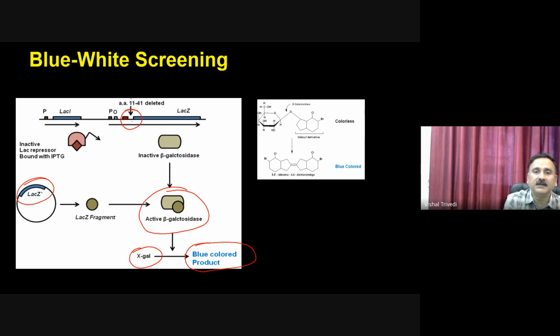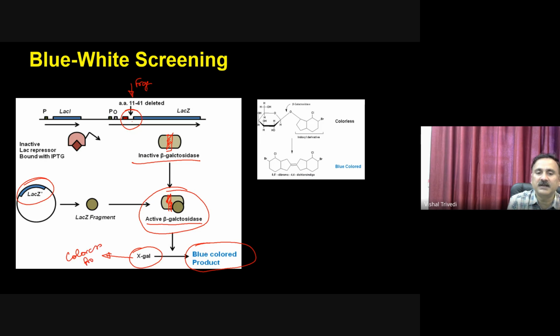Now, if you insert a fragment here, then what will happen? You are going to have a fragment inserted within the beta galactosidase. In that case, even if the beta galactosidase is present, it is not going to become active because you have inserted a fragment here, and as a result it will not be able to convert the X-gal, and that's how X-gal is going to give you the colorless product.